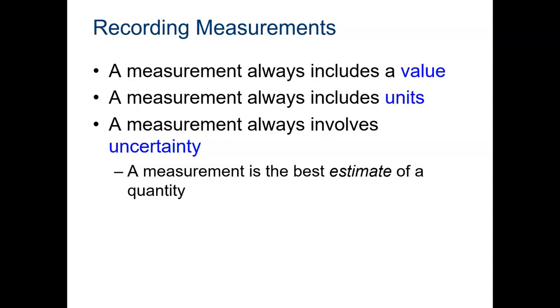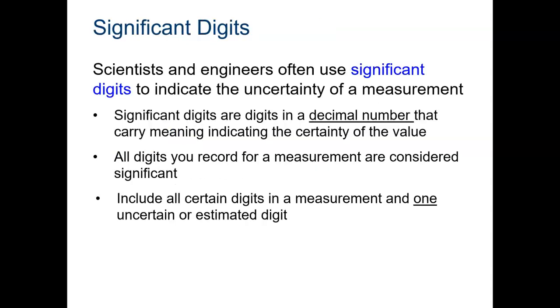It is important to know the level of error that may be inherent in a measurement. A measurement is only useful if the value is associated with units and the uncertainty of the value is understood. There's no such thing as a perfect ruler, so there's going to be a little bit of uncertainty. So we'll do our best to measure as best as we can with the tools that we have.